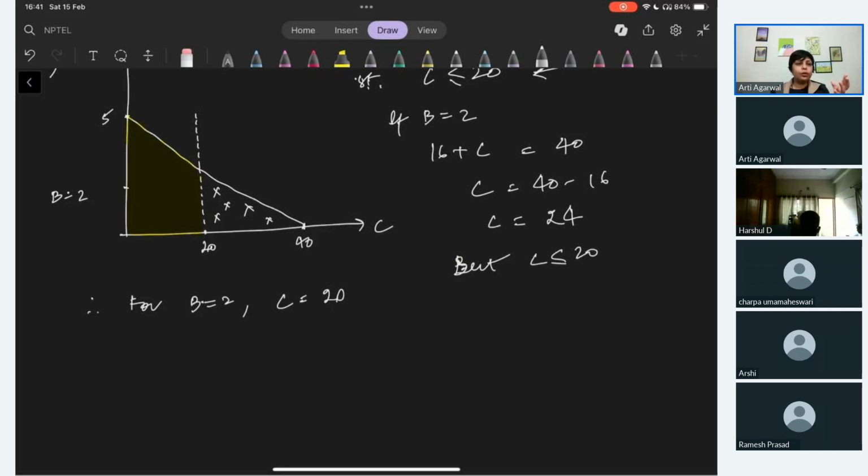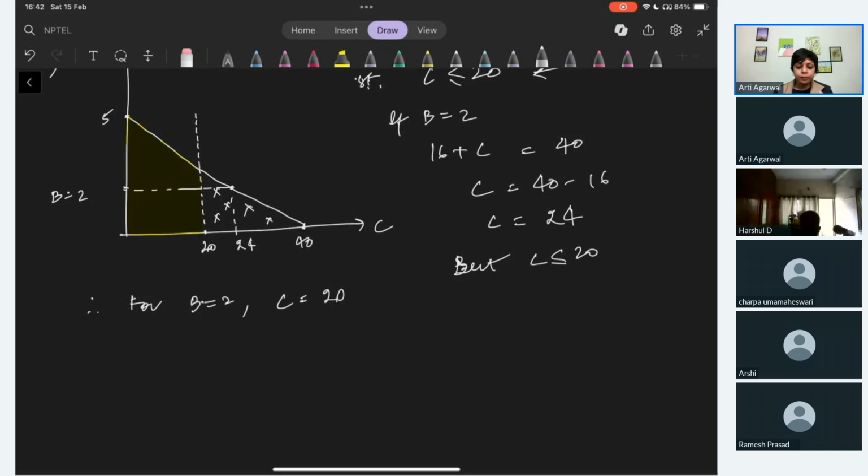It was to see if you understood what this kind of mathematical representation means. So even if you draw a line here, C equal to 20, you can see that this intersects the curve at the point where C is 24. But even from the diagram, you can see that that point of intersection with the original budget line is outside the new budget set.